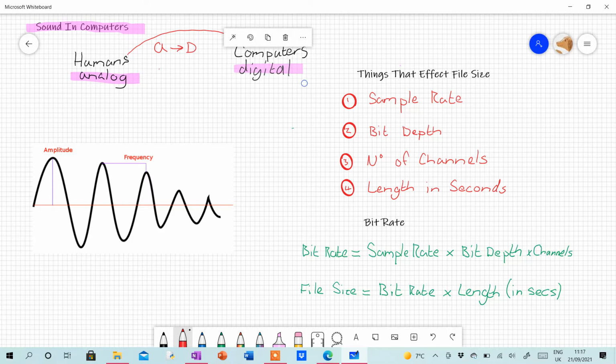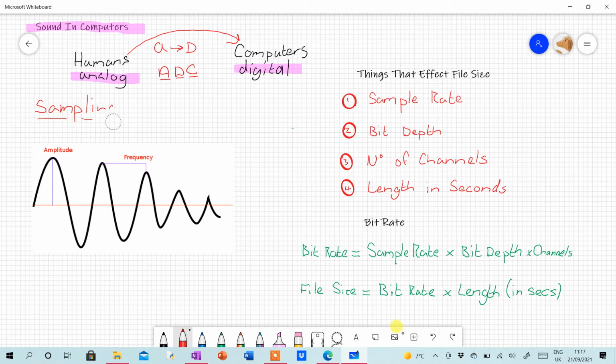Okay, so you might see this represented as ADC, analog to digital conversion. Alright, now when we do this, we use a system called sampling. Alright, now sampling is where we simply take a sample of the analog sound wave and turn it into a digital signal.